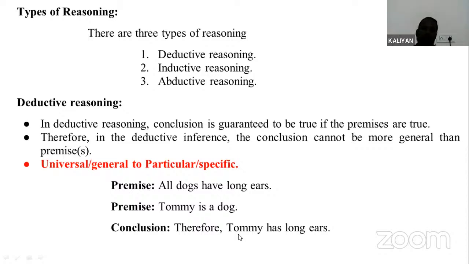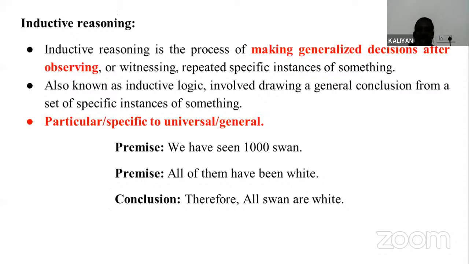That is called deductive reasoning. Deductive reasoning goes from general to specific, or universal to particular. All dogs is the universal, and Tommy is the particular or specific. So this is deductive reasoning. And inductive reasoning is making a generalized decision after observation.